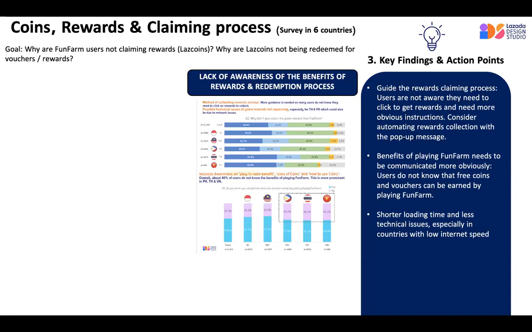We needed to communicate that you are not just playing Fun Farm for fun, but you can also get free coins out of it, and from those free coins you can redeem vouchers and rewards. But how do you redeem them? That was also a question some of them had. That's why they were collecting the coins but not redeeming the vouchers and rewards.